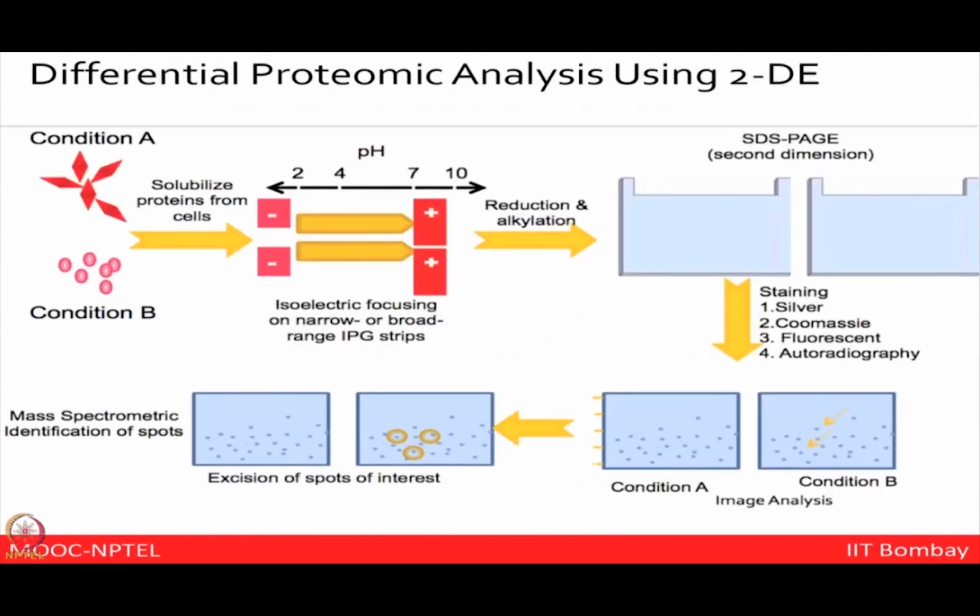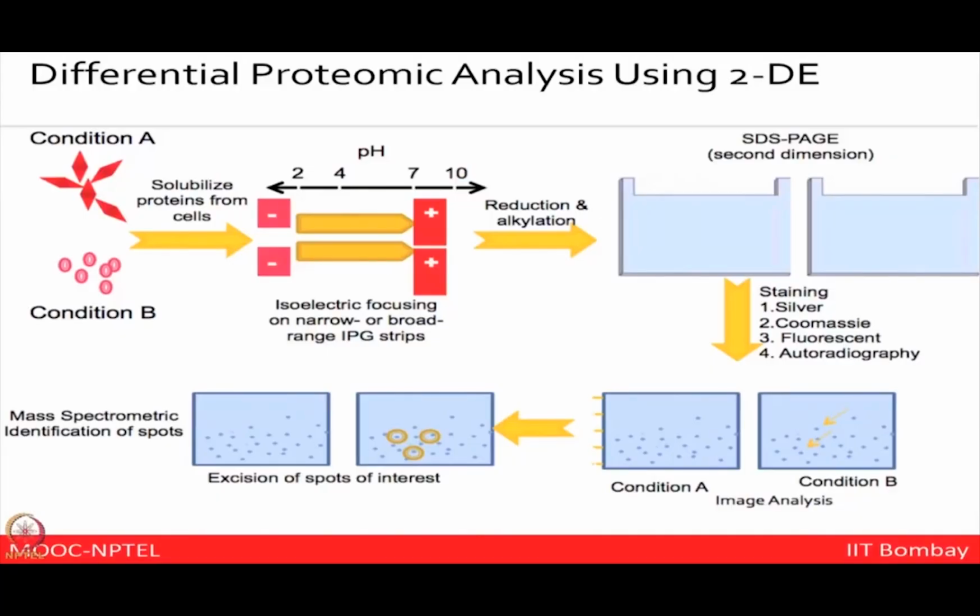Now, let us say that your goal was to do differential proteomics or abundance based proteomics to look at new targets in the context of a given condition A and condition B comparison. So, you have done the protein extraction, solubilization of the proteins, and then separated them based on their isoelectric point in the first dimension. After reduction and alkylation, proteins are separated on the SDS-PAGE gel in the second dimension.